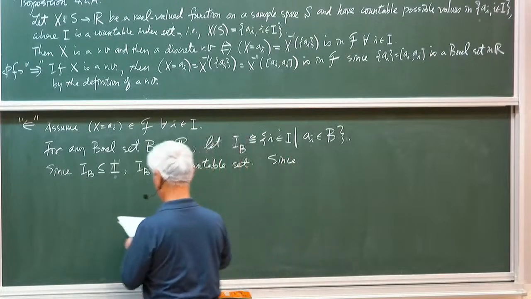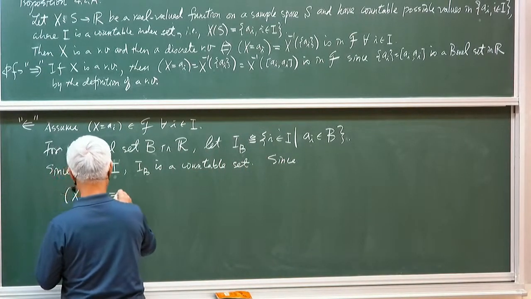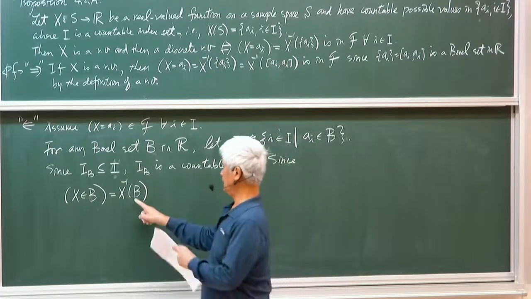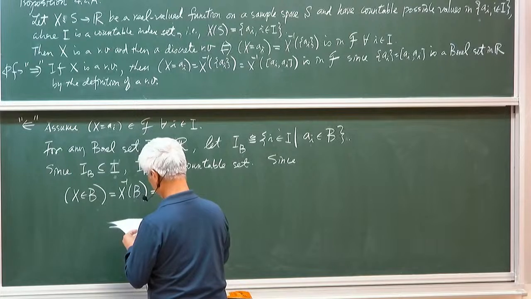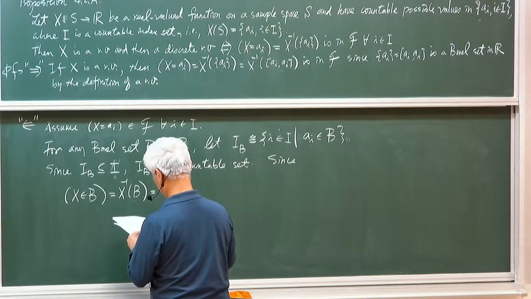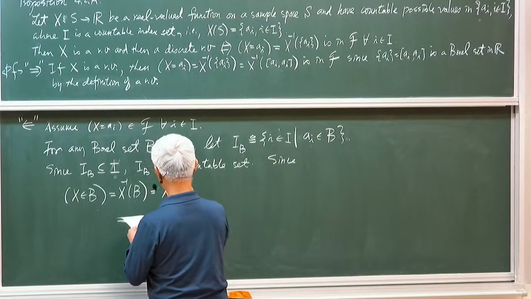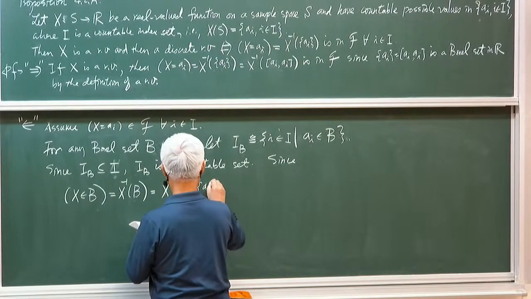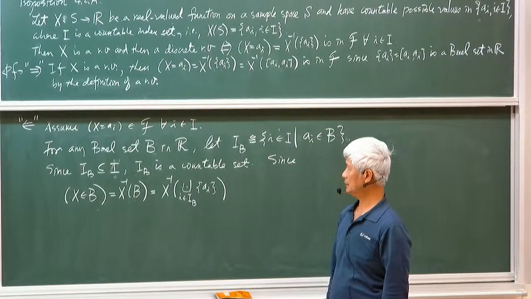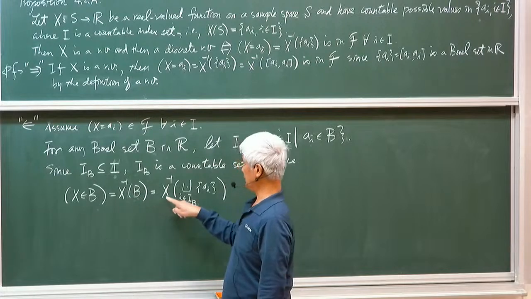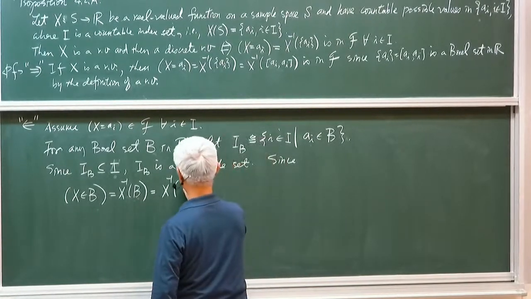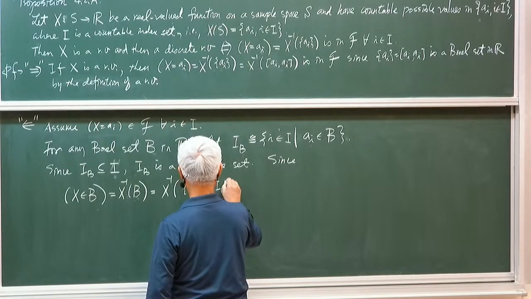Now, consider X in B. This is the inverse image of the Borel set B under X. The inverse image of B is actually the inverse image of all the a_i's.